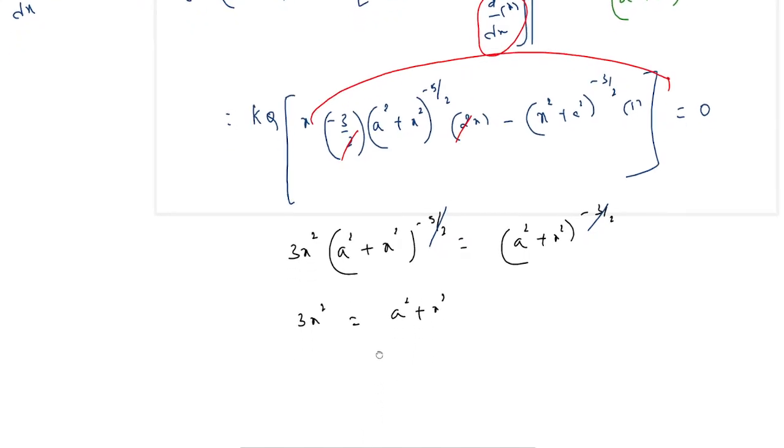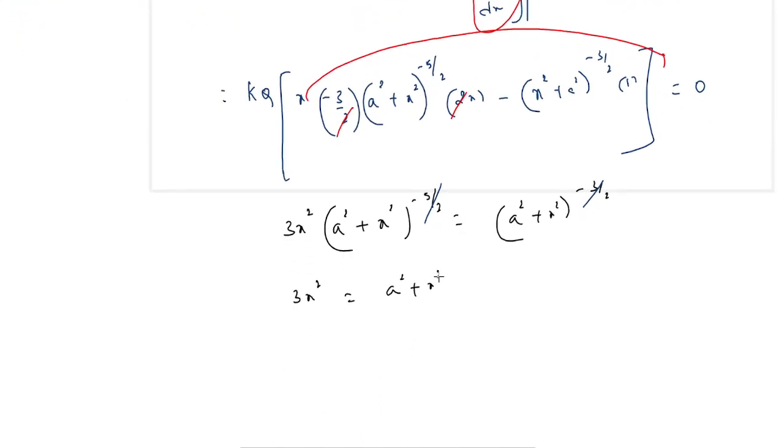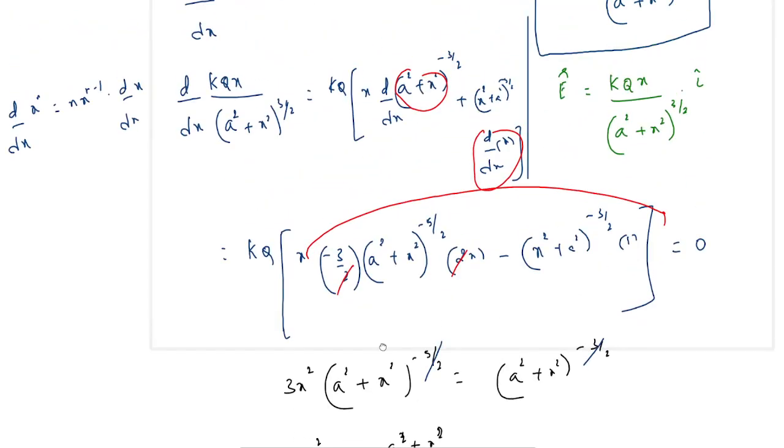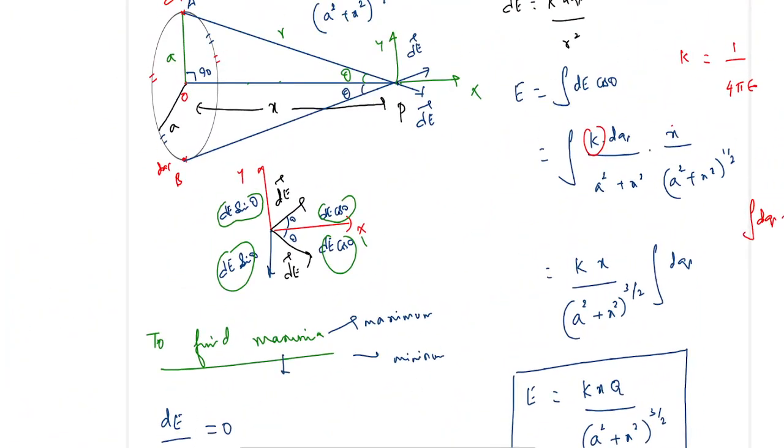Whatever is done here is only high school arithmetic. So bring x square this side. So 2x square is equal to a square. Therefore x is equal to plus or minus a by root 2, which means at a distance of a by root 2, on this side, somewhere here or here, a distance of a by root 2, and again a by root 2, the field remains maximum.